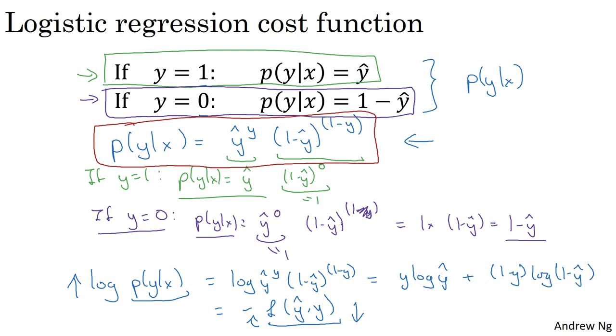How about the cost function, the overall cost function on the entire training set of m examples? Let's figure that out. The probability of all the labels in the training set, I'm writing this out a little bit informally, is, if you assume that the training examples are drawn independently, or drawn IID, identically independently distributed, then the probability of the examples is the product of probabilities.